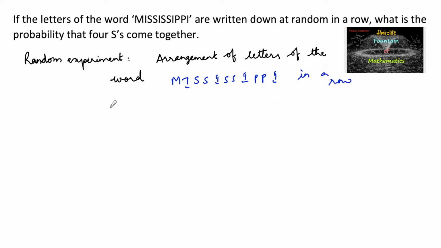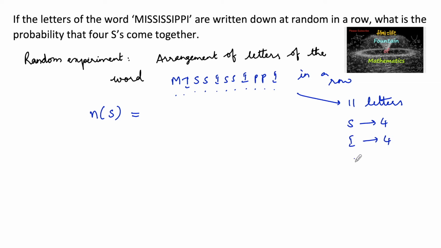So we can say the number of elements in the sample space we can consider to be the number of arrangements. So here there are 1 2 3 4 5 6 7 8 9 10 11, total 11 letters, in which S is repeating 4 times, I is repeating 4 times, P is repeating 2 times.